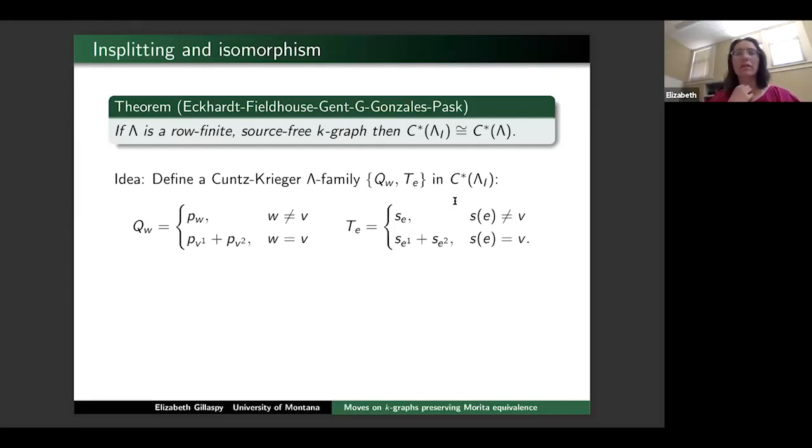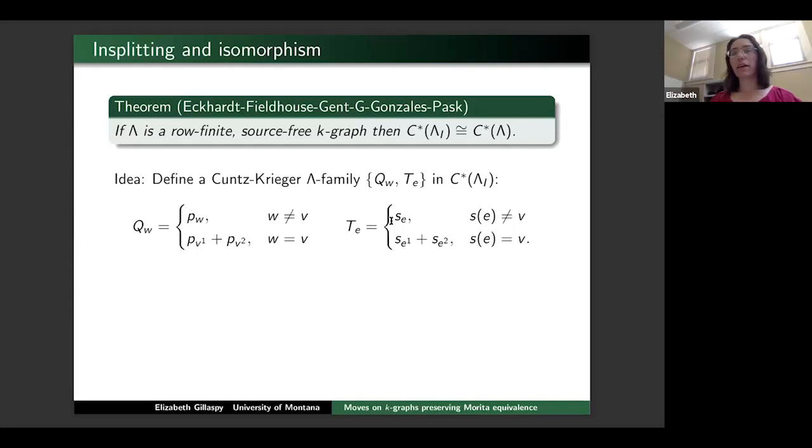It might be sort of a follow your nose. For any vertex that wasn't the one you split at, I'm just going to define Q_W to be the projection at that vertex. And for the one that I split at, I'm going to just add those together. Those are orthogonal projections, so their sum's a projection, and that's the projection I want for Q_W.